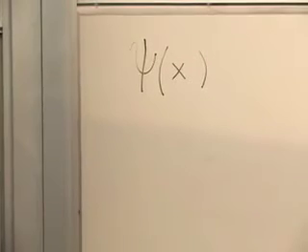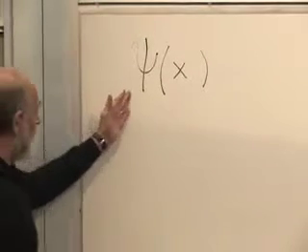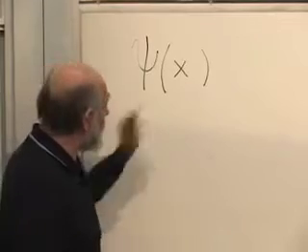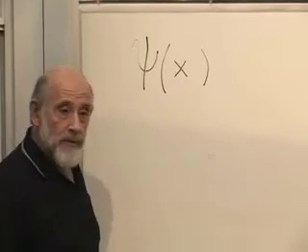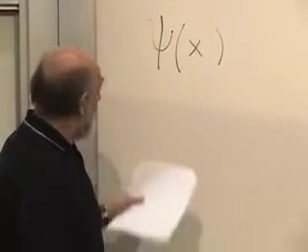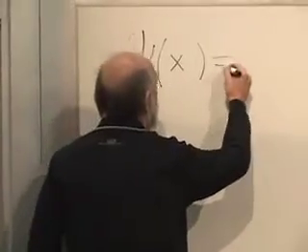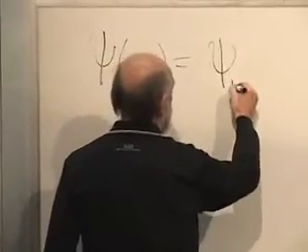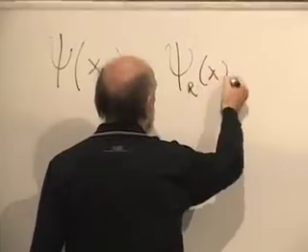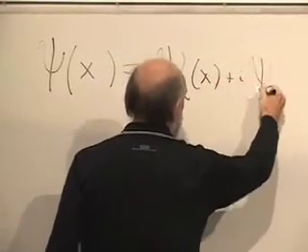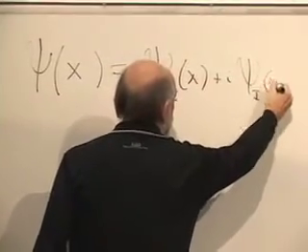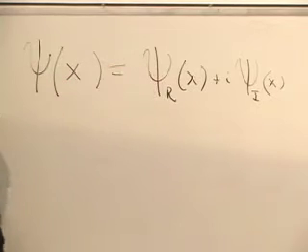Argument means the thing that the function depends on. Psi of x, where x is real, but psi is complex. In other words, psi is of the form some real part, psi real of x, plus i times psi imaginary of x. That's the collection of complex functions of a real variable, for example.